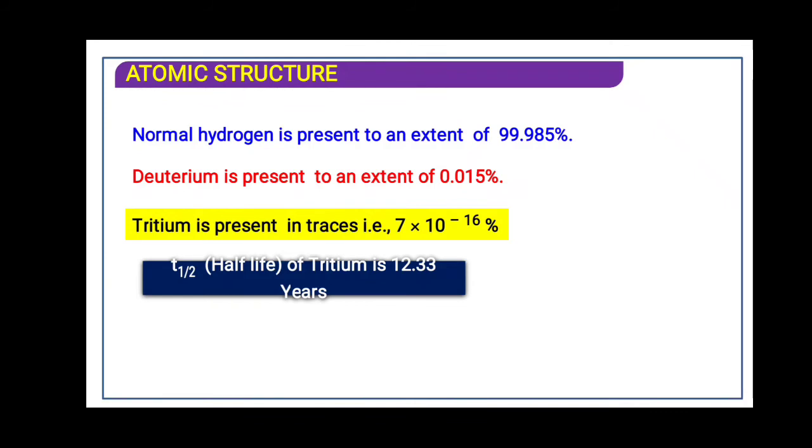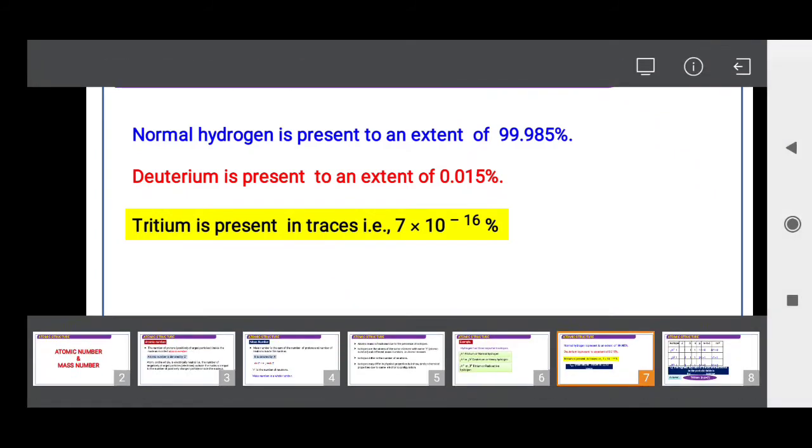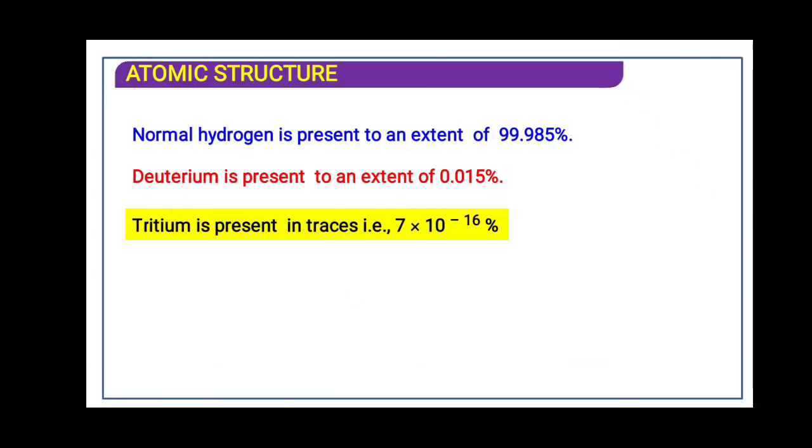As these particles are emitted from the nucleus, the mass number and the atomic number reduce. The reduction of the atomic species to half of its initial concentration in a given interval of time is called half-life. Every radioactive element has a half-life.